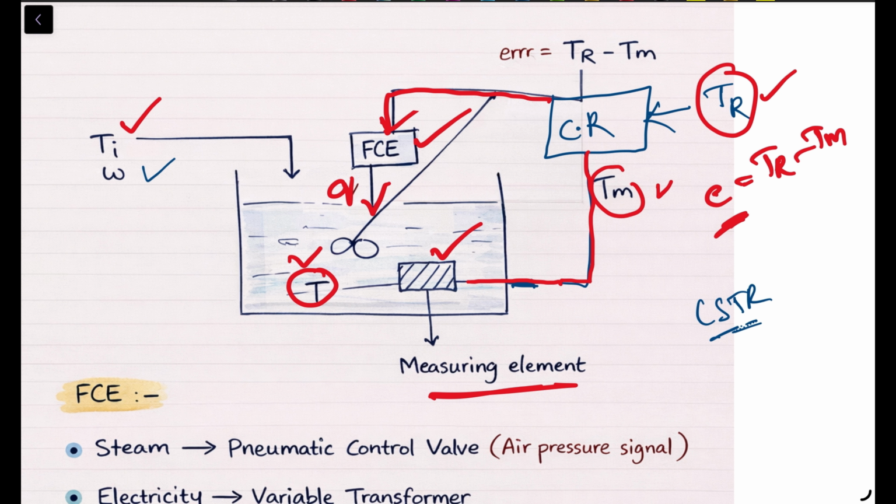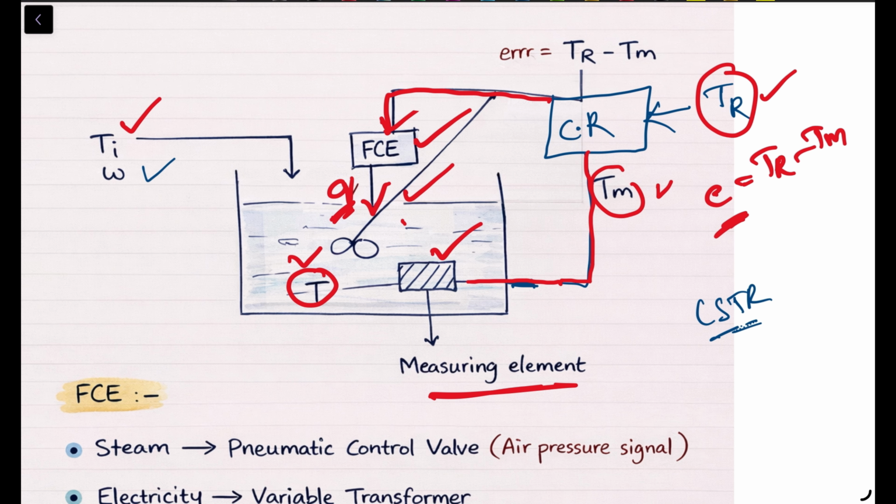This depends on how the heating is supplied. If the heating medium is steam, the final control element is a pneumatic control valve. If the heating medium is electricity, the final control element may be a variable transformer. So the final control element changes the heat supply Q to this reactor.